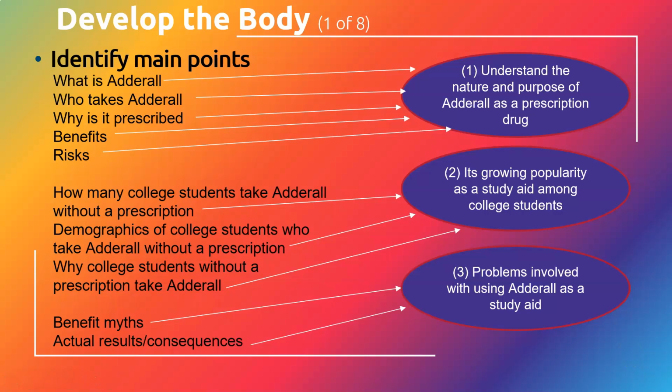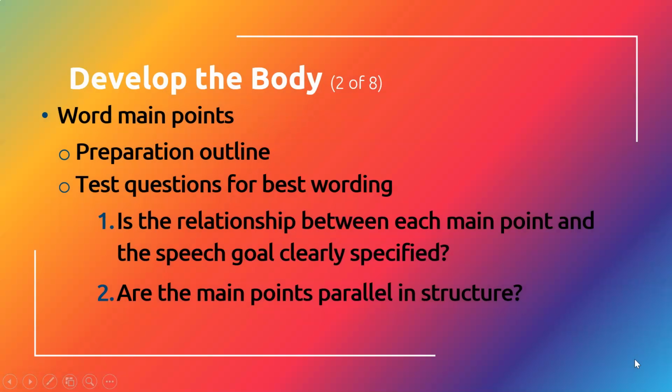So for each one of these main points, you identify some subpoints, some information to share. So you need to make sure that the relationship between each main point and the speech goal is clearly specified. And you want to make sure that the main points are parallel in structure. So what do we mean by that?